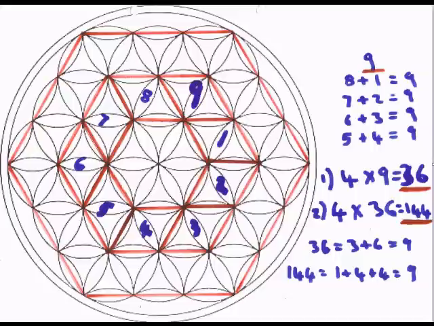Obviously, the 9, the 6 and the 3 are in very specific positions, and if we just look at the cube, you can see, like we were showing you yesterday with the universal mathematics, 8 plus 1 at the top there equals 9, 7 plus 2 equals 9, 6 plus 3 equals 9, 5 plus 4 equals 9. This is a number arrangement that makes up 9s all the time, and of course 9 is at the very top of that there.